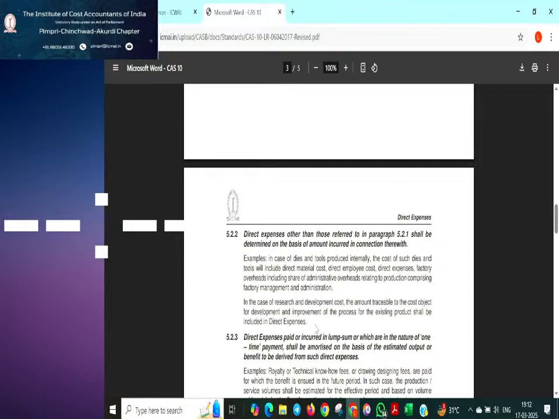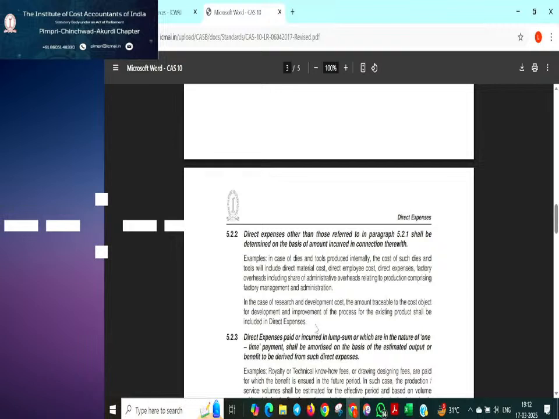So while we did form CRA1 and while we looked at R&D, R&D can be for a variety of purposes. First, it can be for a new product, a new innovation, a new idea that you want to bring. At that time, it will not be treated in the product cost because the production that you are making is in no way concerned to that research and development. But there could be an R&D for improvising your existing process.